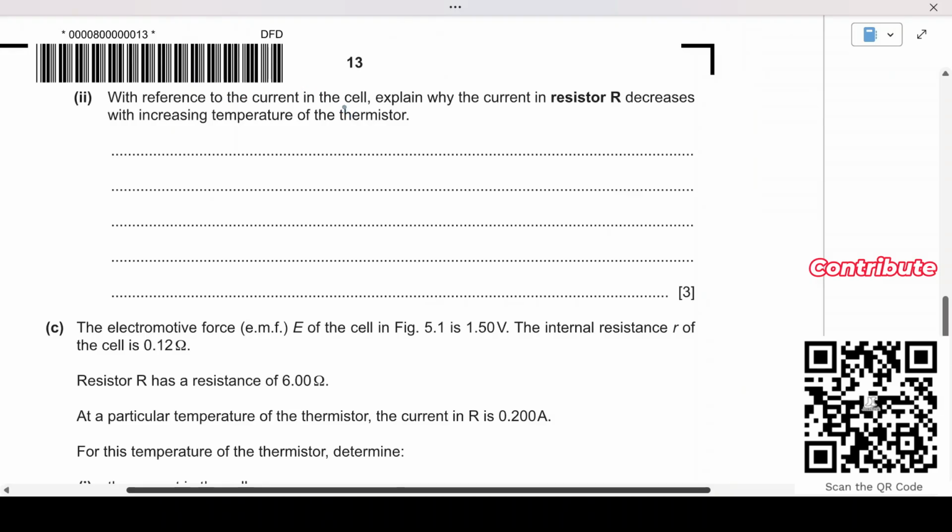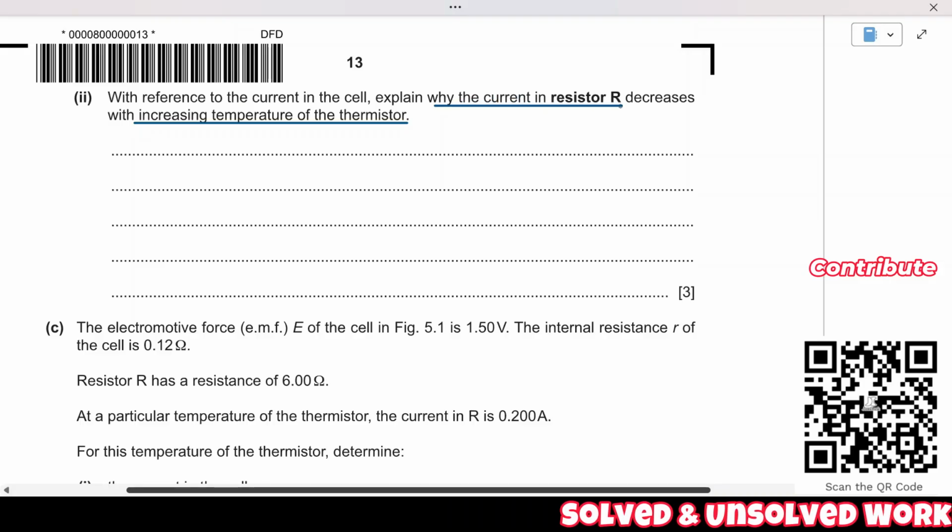With reference to the current in the cell, explain why current in the resistor R decreases with increasing temperature of the thermistor. So you're changing the temperature of the thermistor, but you have to answer what happens to the current in the other resistor.